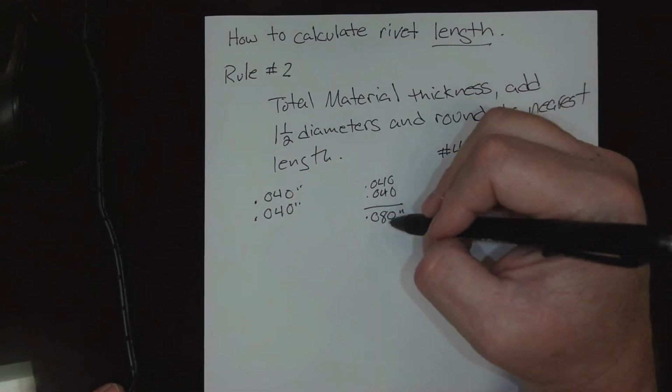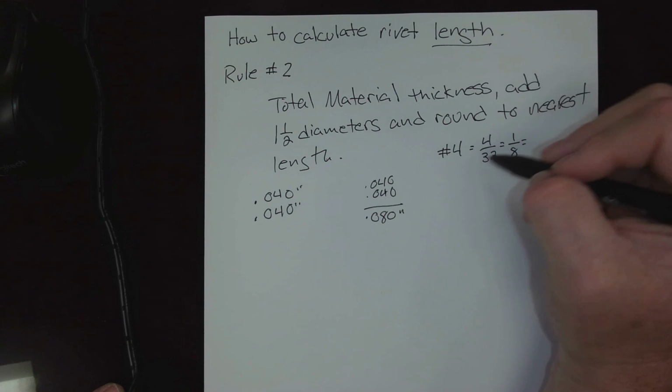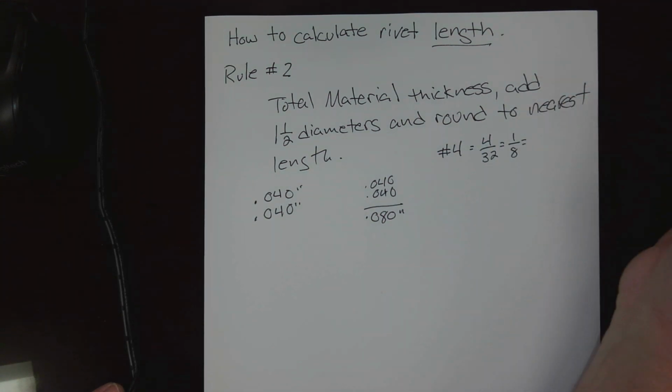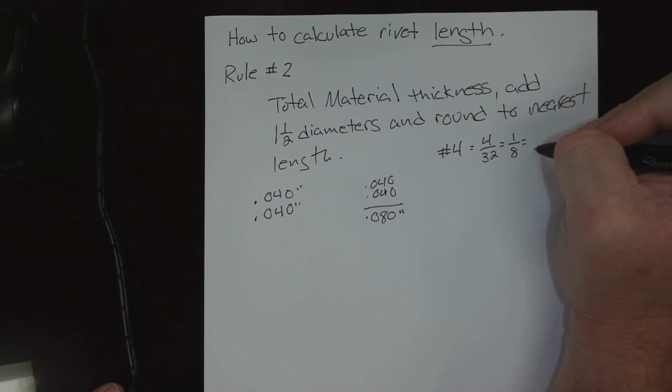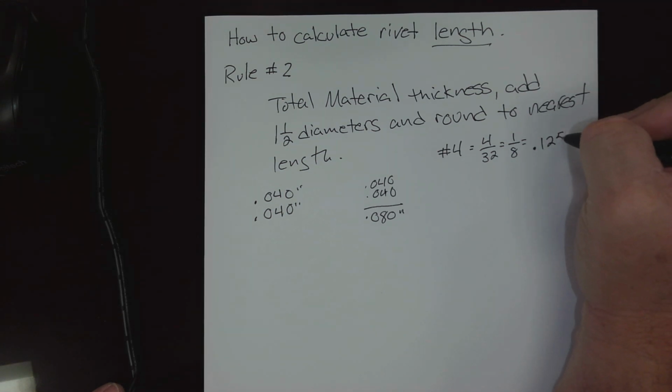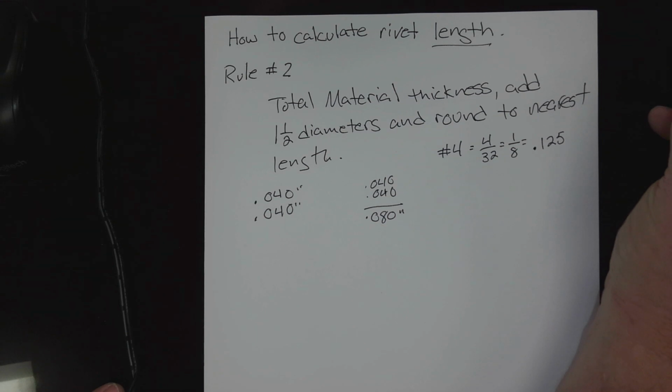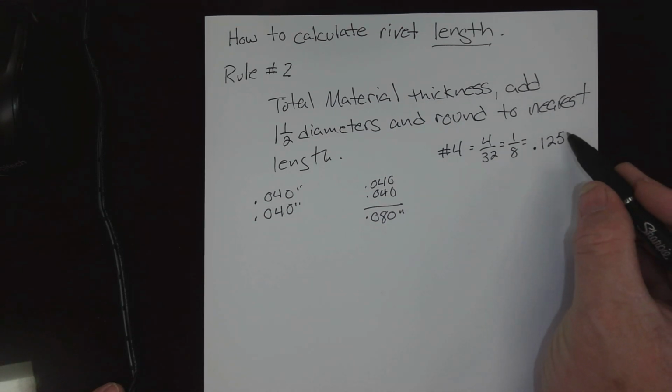But we need that in decimal form. See, it's a lot easier to work that way, so we could say 1/8, 1 divided by 8, is going to be 0.125. So here's what we could do.